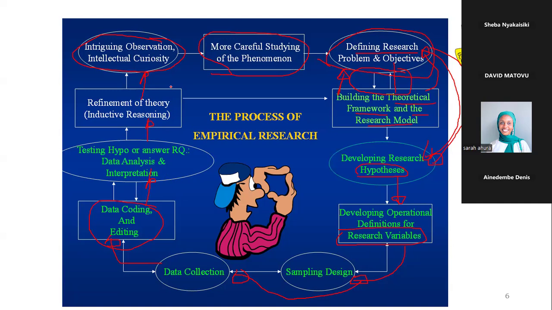In other words, when you're reporting, you point out what you found, and more areas of research which other researchers or even you can add to. So that is the cycle of the process of empirical research. But that research design basically starts from this area up to this section. That would be research design or quantitative research.